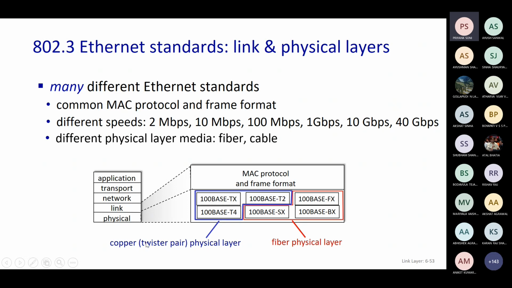These are twisted pair copper wires. And the rest of them, that is 100 Base-FX, 100 Base-BX, and 100 Base-SX, are optical fiber specifications. So these are different types generally used as a medium.